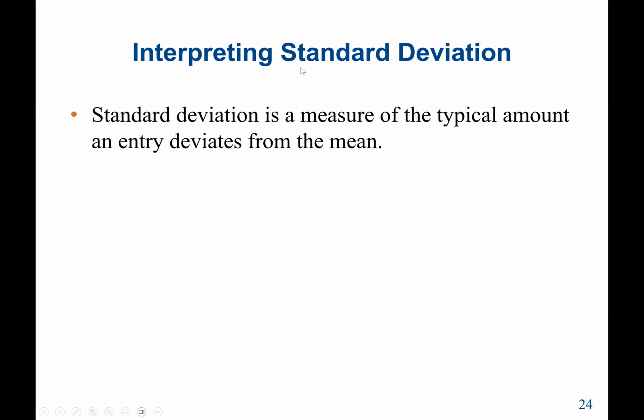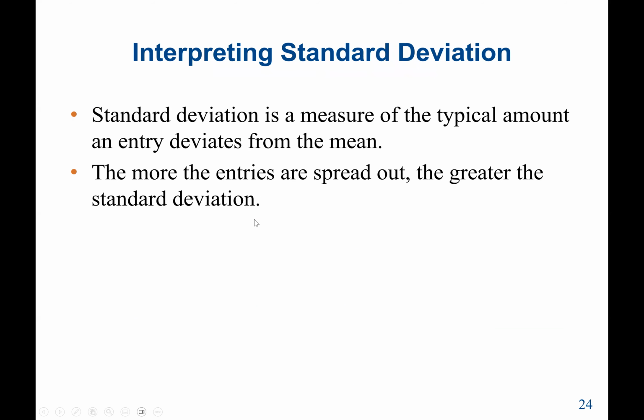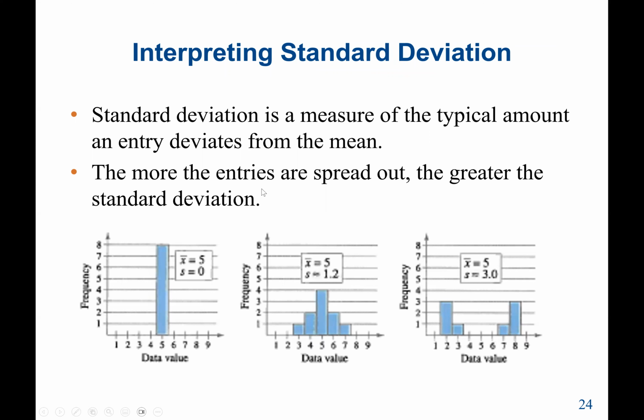Now, how do we interpret standard deviation? We said the standard deviation is the measure of a typical amount an entry deviates from the mean. So the more the entries are spread out, the greater the standard deviation. Now, if the values are very close, then the standard deviation value will be lower. So we can see an example here.